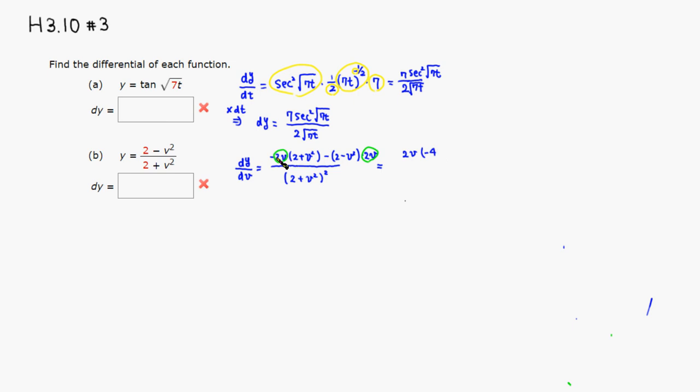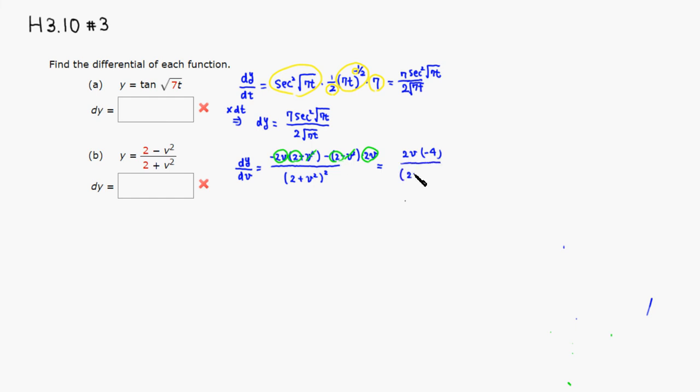Then you have a negative v squared minus negative v squared, so actually we can cancel those v squares, because we already took care of the 2 here and the 2 there.